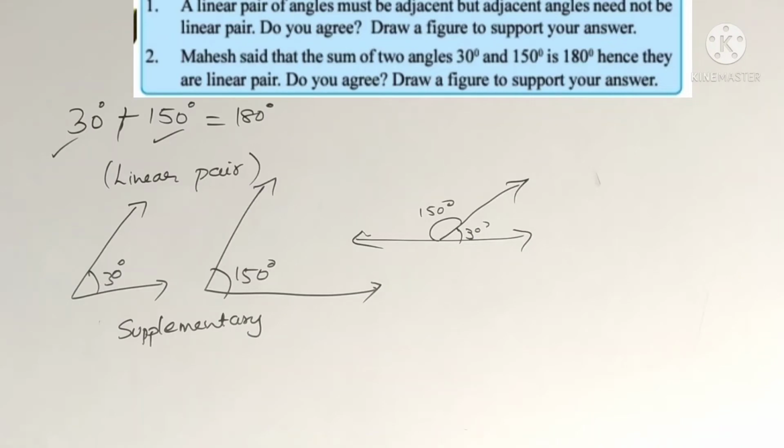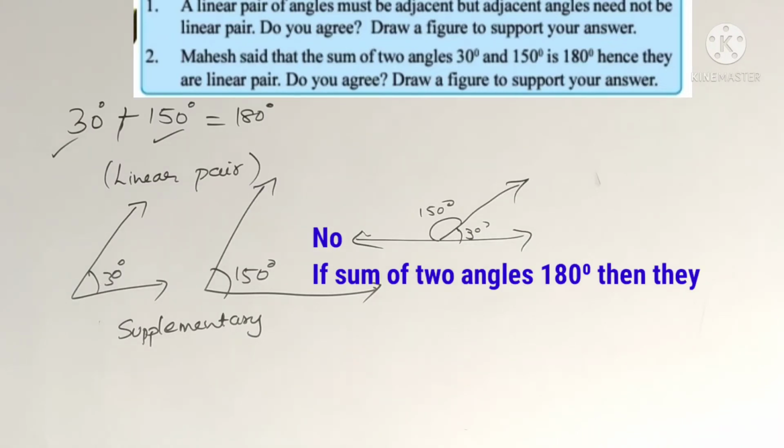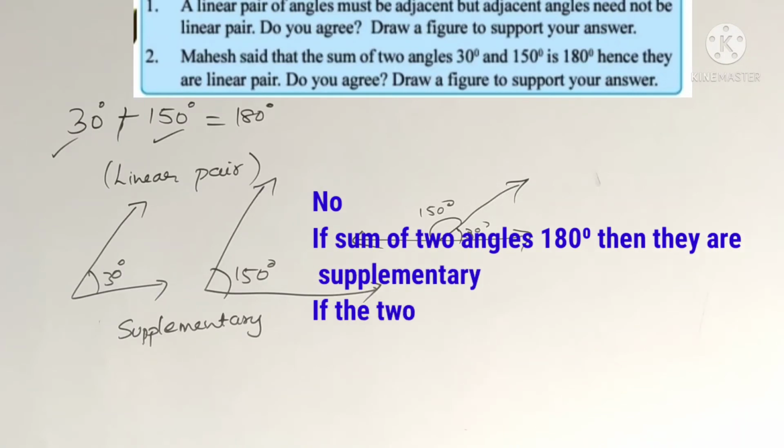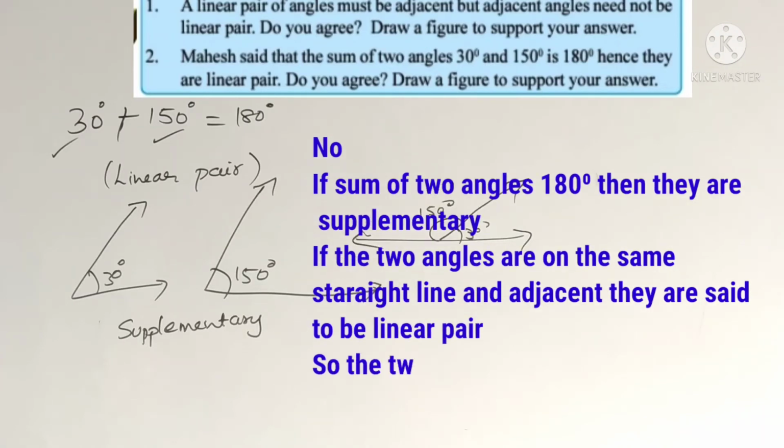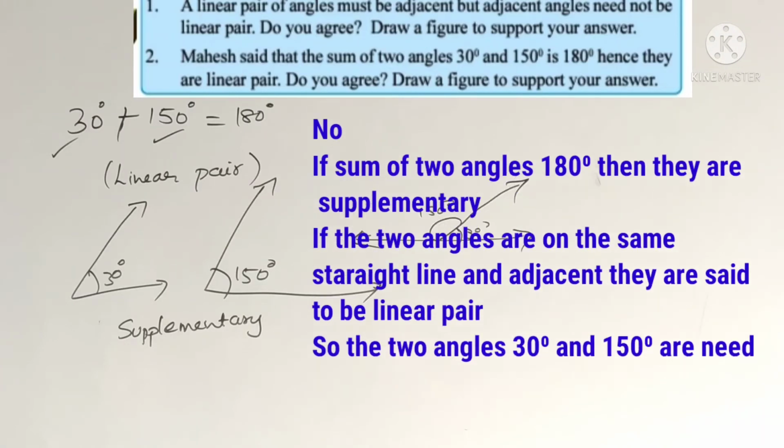So if the sum of two angles is 180, then they are said to be supplementary angles. If the two angles are on the same straight line and they are adjacent, they are said to be a linear pair. So the two angles 30 and 150 degrees need not be a linear pair.